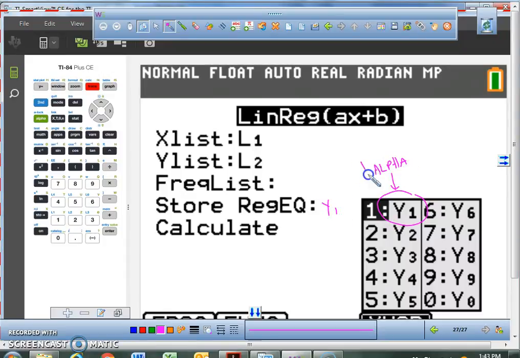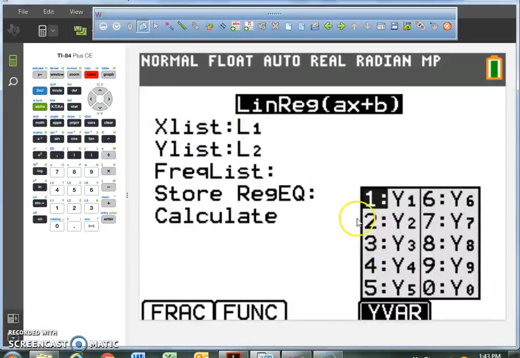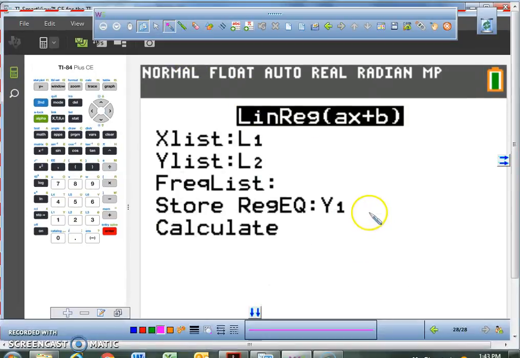You have to hit alpha and trace. So alpha trace, you can write that down, and you press enter, and look what I've done now. I've stored the regression equation in my what? In my y1.